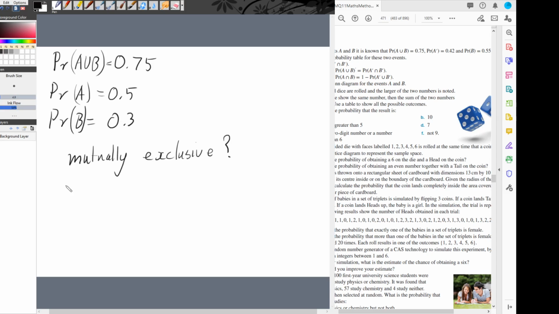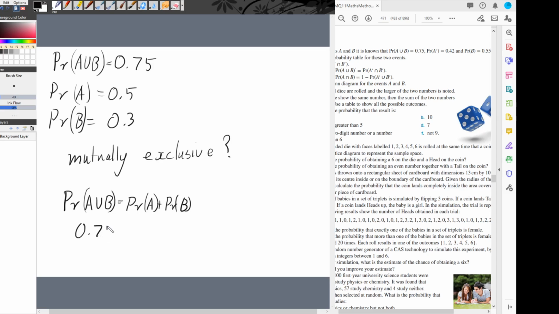So, whenever you see the words mutually exclusive, you just need to quickly check the numbers up here by using the formula. PR of A union B is equal to PR of A plus PR of B. Now we can quickly plug this in.